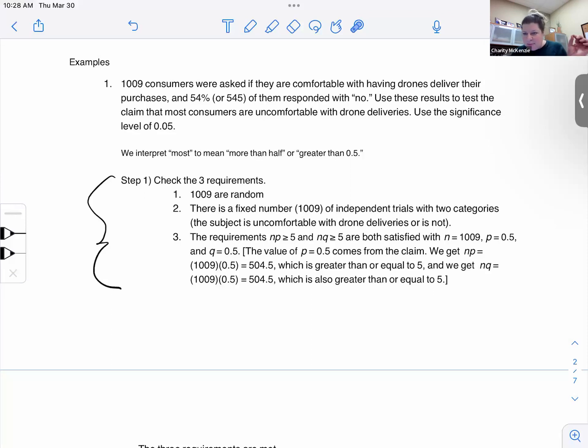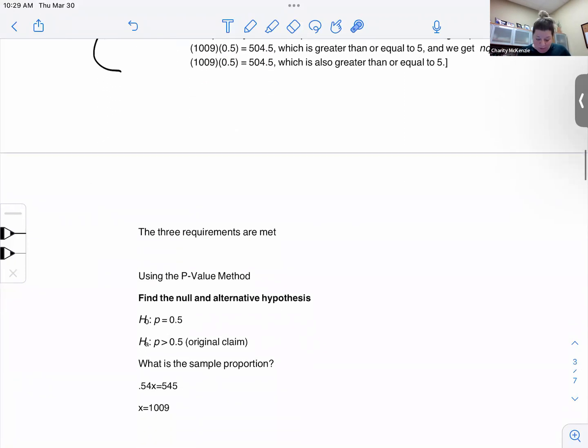So most people goes with 0.5. We multiply those, and that's way bigger than 5. We're fine. When we're testing claims with a 0.5, we're usually pretty good. If you're testing a claim like 0.01, a super low percent, that's when the sample size might have to be a lot bigger. So our checks all passed, and we can actually move forward.